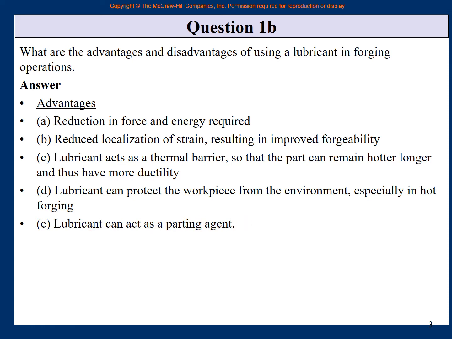After you have done the forging, you have forced the punch or the die into the material, so sometimes they can stick together and it is difficult to remove them, right? So it can act as a parting agent. It will be easy to make them apart, away from each other. So these are very good advantages of the process.